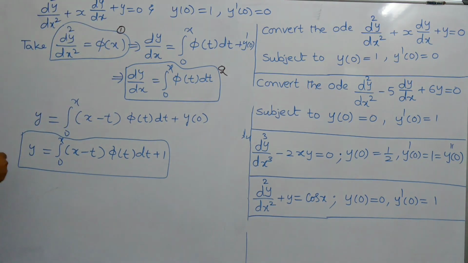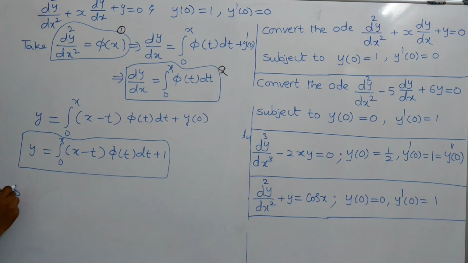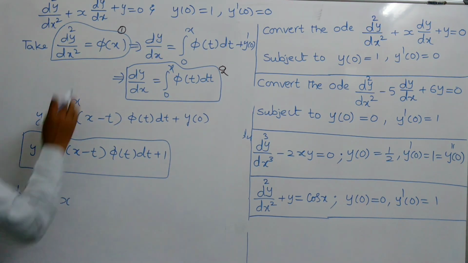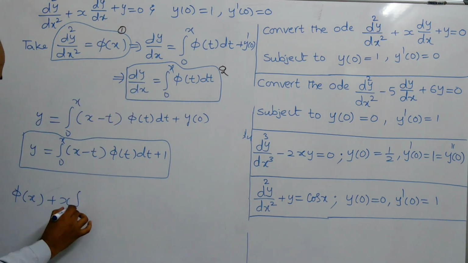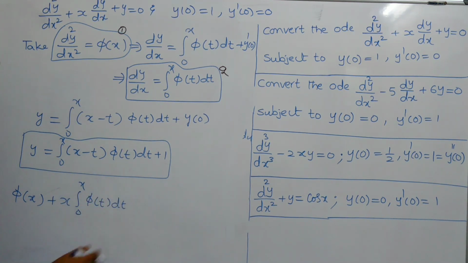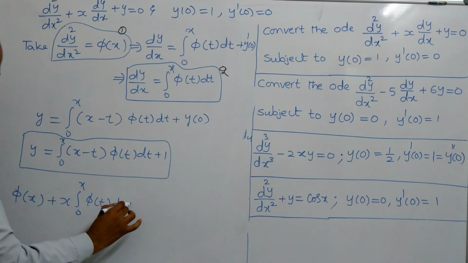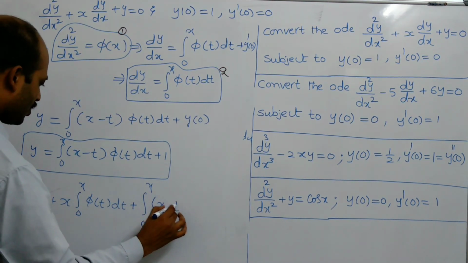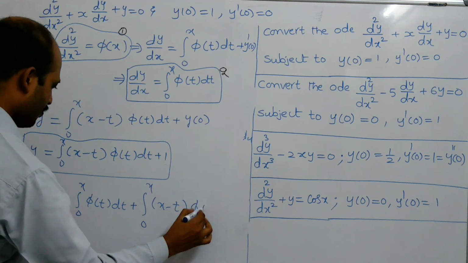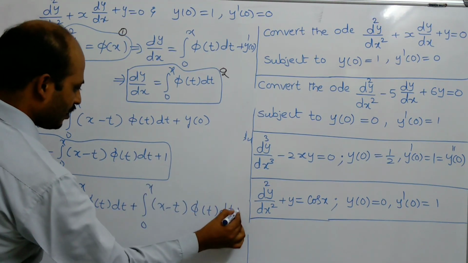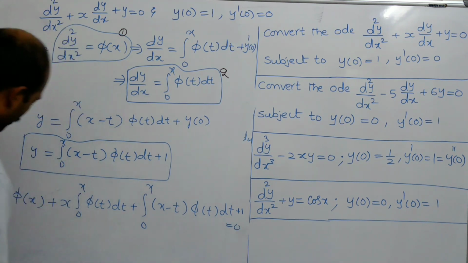You get pi of x plus x into integral 0 to x pi of t dt plus integral 0 to x of (x minus t) pi of t dt plus 1 is equal to 0.